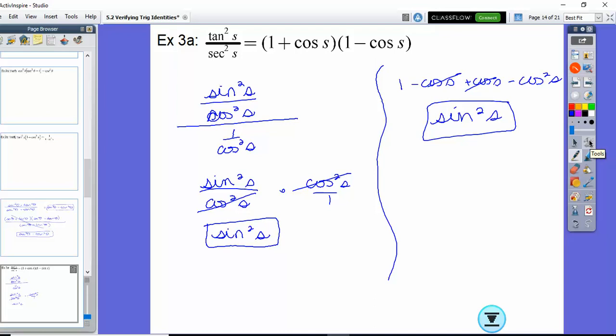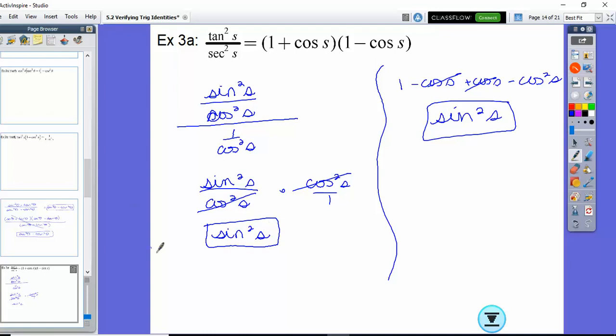So a new strategy, if you're working these and you can't figure out how to get to the other side, you can stop, work the other side and see if you can get them to the same point. But your work has to be clear. I have to see that you're working both sides, that I simplified each side to the same point. Could we have continued sine?